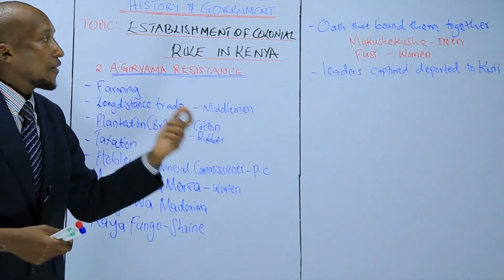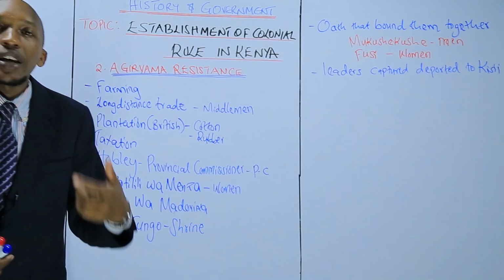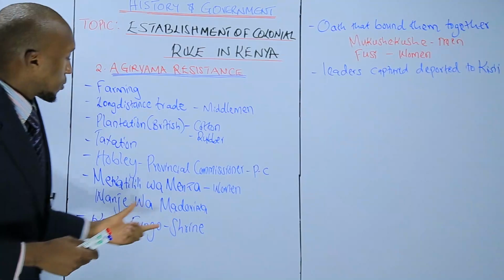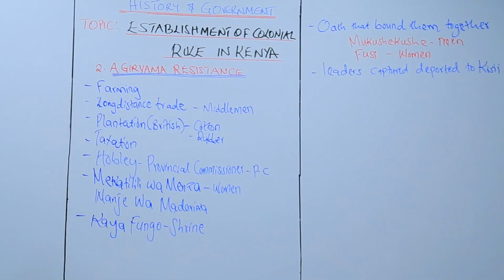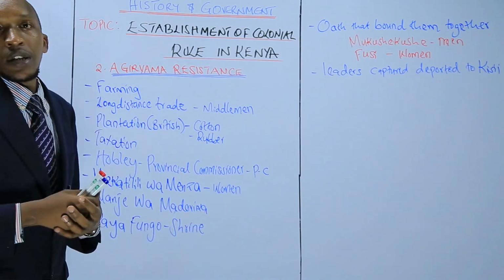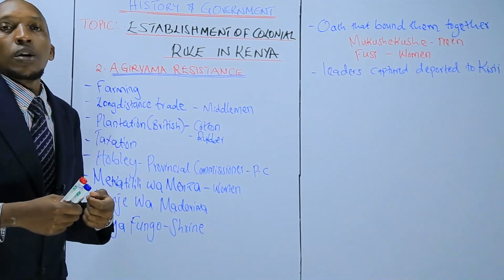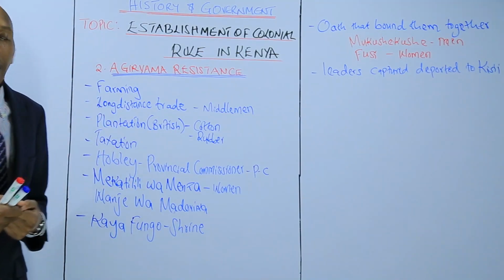British. Even after they had been deported, the British commanded the community to move from their traditional kaya, that is Kaya Fungo, and move to another kaya. But the people refused. They refused to move, and now resorted to armed resistance against them.